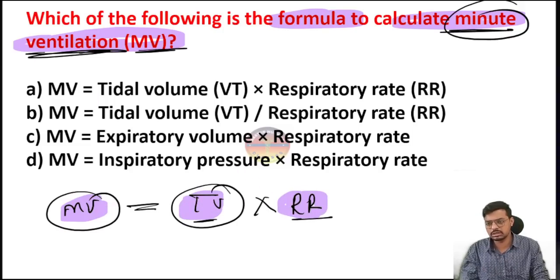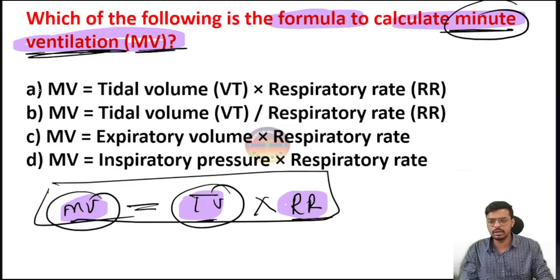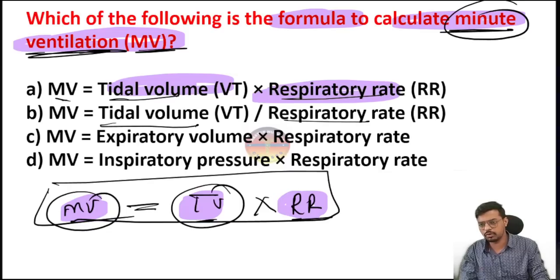So let us search for this answer in the options. Option A: minute ventilation is equal to tidal volume into respiratory rate. Yes, this is the correct answer. Option B says minute ventilation is tidal volume divided by respiratory rate, so do focus in the exam.